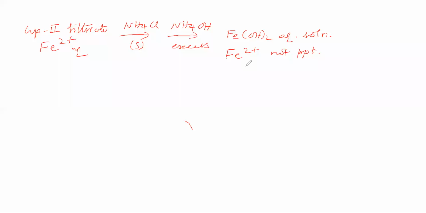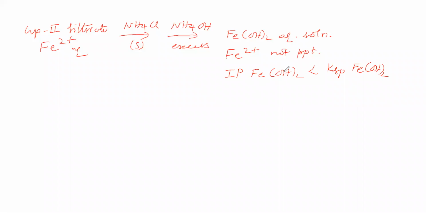Ferrous is not precipitating because the ionic product of ferrous hydroxide is less than the solubility product of ferrous hydroxide.